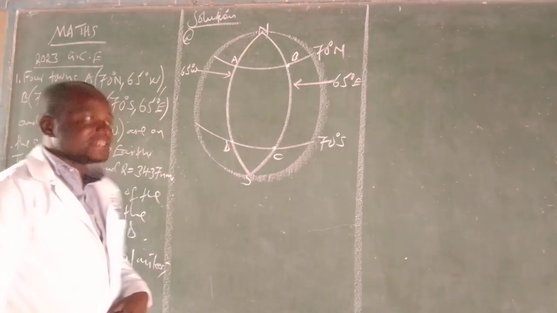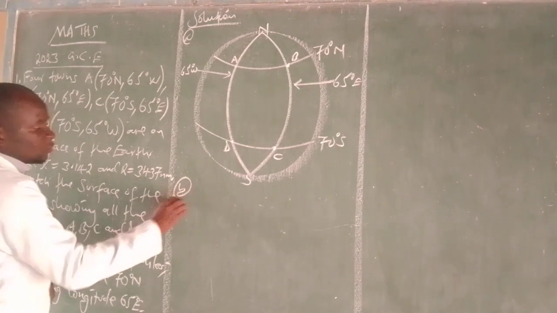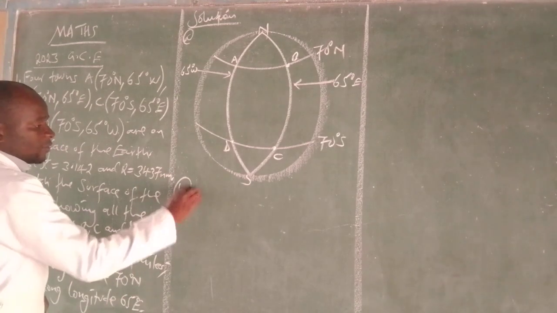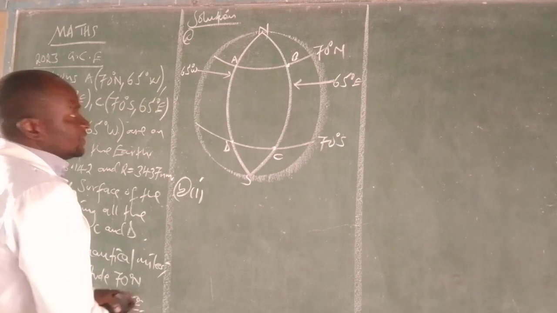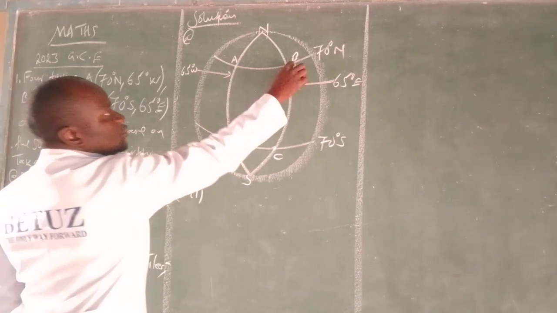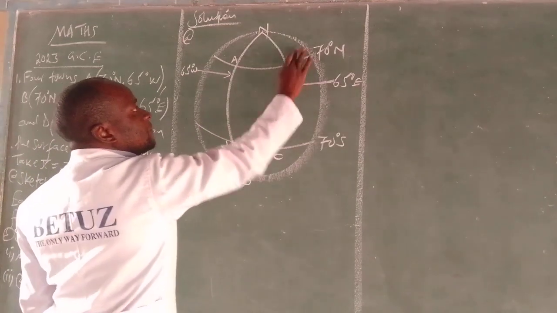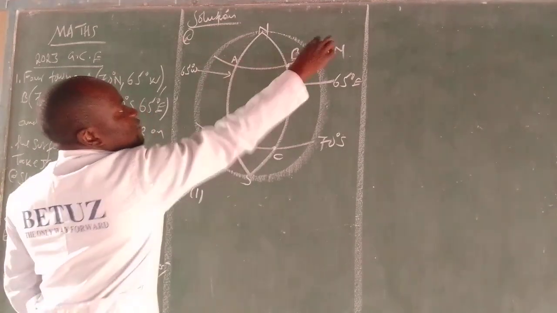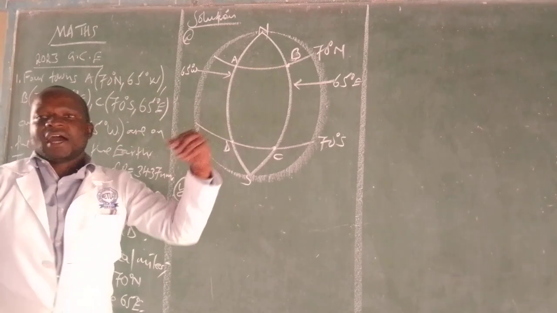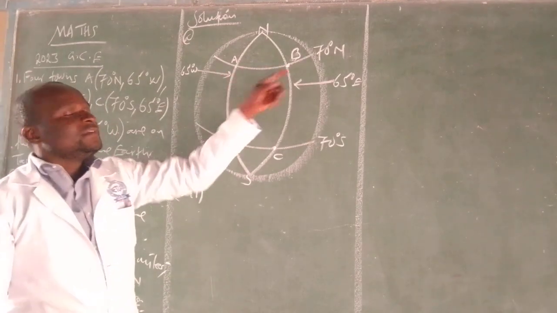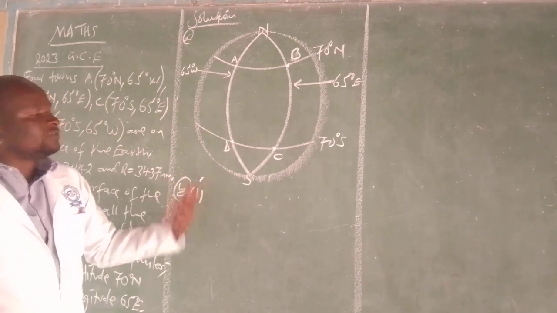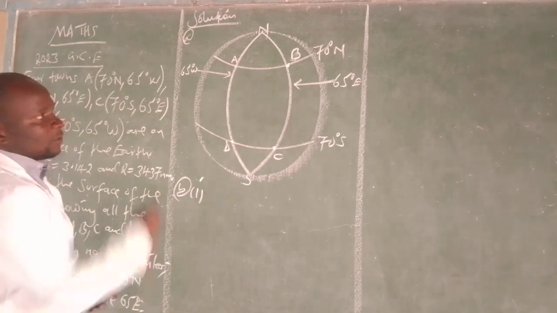As simple as that. Then shall we go to question B, where we are required to find AB along latitude 70 degrees north. So from A to B. Now, remember, this is a latitude, and because A and B are sharing a latitude, to find the distance from A to B, it is important we know how to find that distance along the latitude.